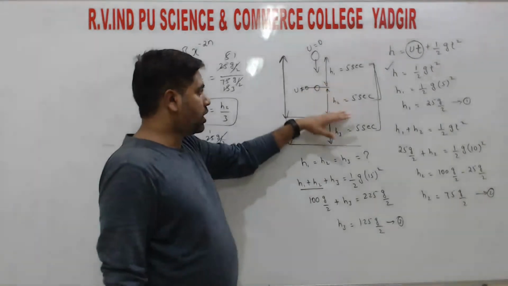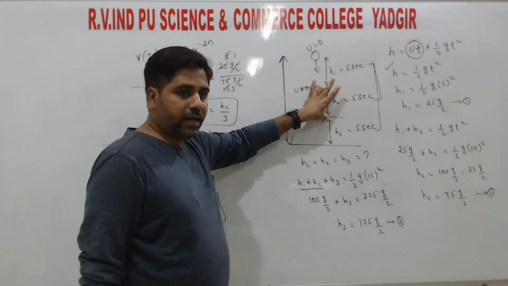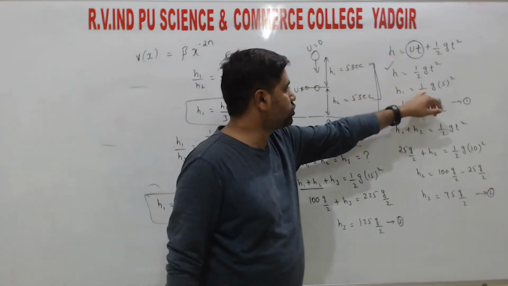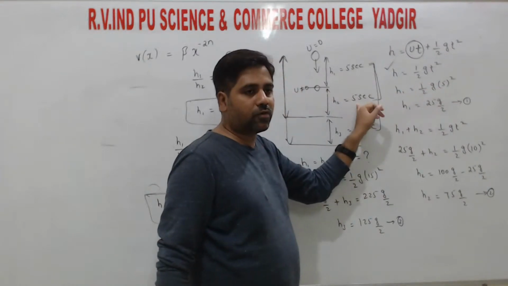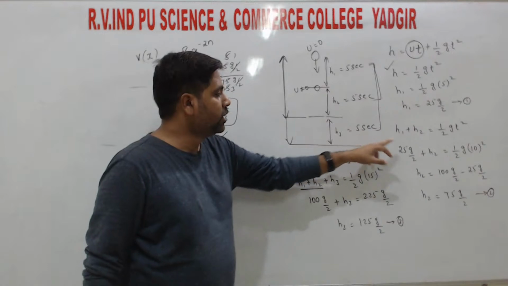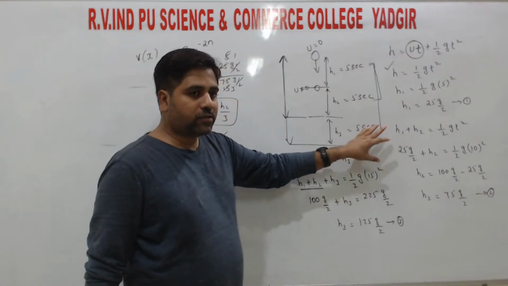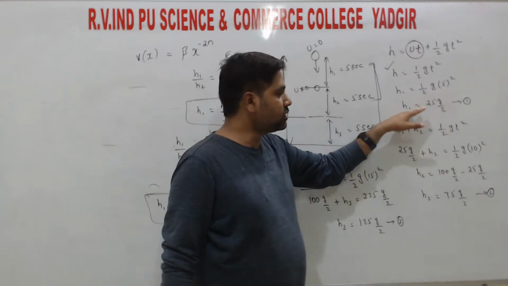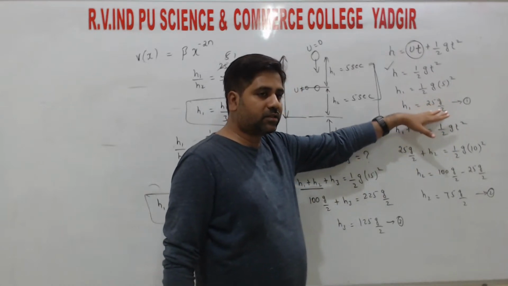Now, in concept, if we use the direct relation here, h2 is equal to 1 by 2 g times 5 square, so we get 25g by 2. Same for h3, 1 by 2 g into 5 square, so we get the same relation, 25g by 2. That means h1 is equal to h2 is equal to h3, right?